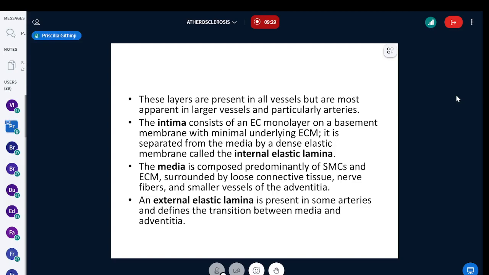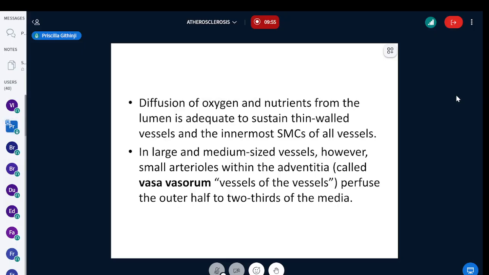They all require nutrients. So there are also blood vessels that supply the blood vessels themselves. That's why in your media, you have loose connective tissue, you have nerves, and you also have smaller vessels. Then we have an external elastic lamina, which is present in some arteries and defines the transition between the media and the adventitia.